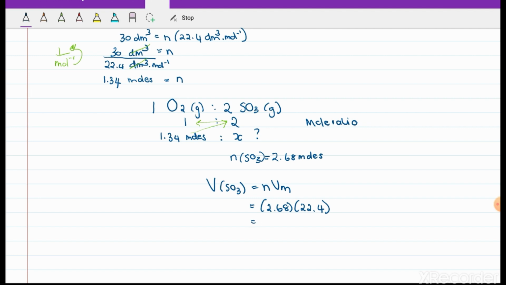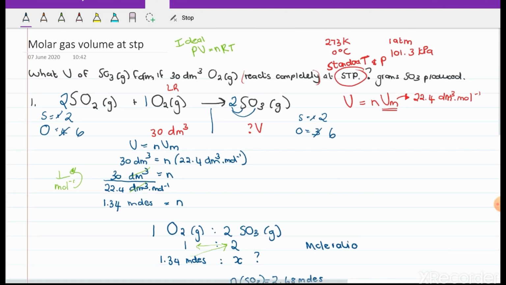But if you work this out, you times that to each other, you get 60 cubed decimeters. Okay, let me just write out the units. Remember, moles times the units of this is cubed per mole, so they cancel out and you are left with 60 cubed decimeters. And now you've answered the first question. So you worked out the volume of your SO3.